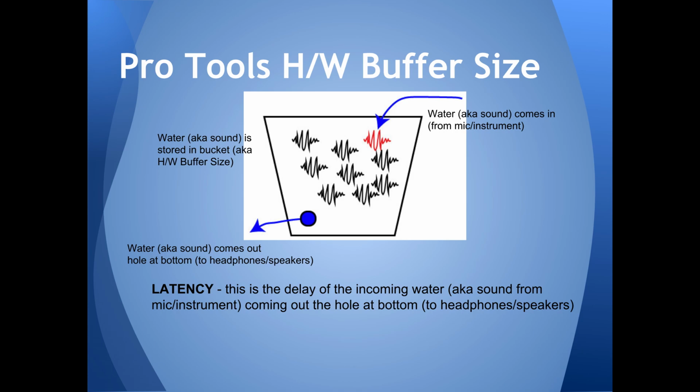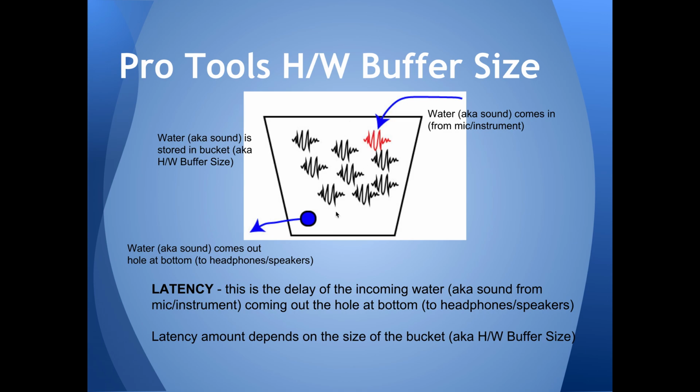Latency occurs when the sound that's coming in is not exactly the same as the sound coming out. So this comes in, it has to sit in the buffer before it comes out. And this buffer is what the computer chews on and works to process the sound before it sends it to your headphones. So the bigger the bucket, the bigger the latency.